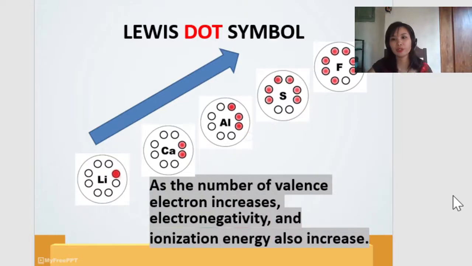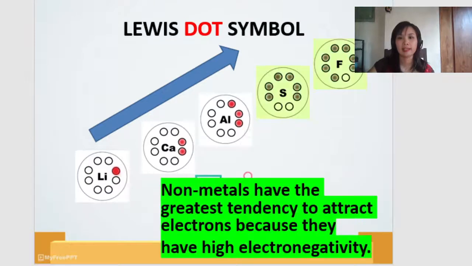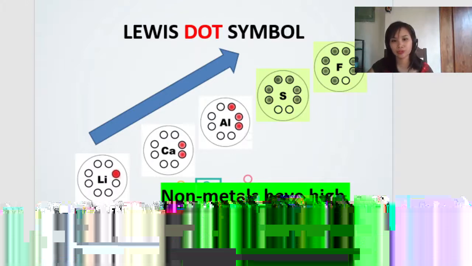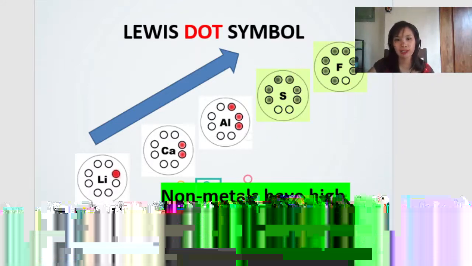Now, if we're going to observe in Lewis dot symbol, as the number of valence electron increases, electronegativity and ionization energy also increase. And nonmetals have the greatest tendency to attract electrons because they have high electronegativity. And nonmetals have high energy requirement to pull its valence electron. Ito yung mga nonmetals natin.